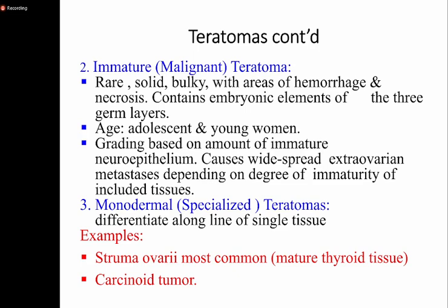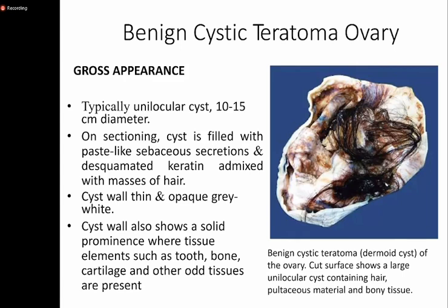Okay, and then there are other varieties, but struma ovarii is probably one of the most common that we see. So the next few slides are just examples, photographs and photomicrographs of the germ cell tumors.